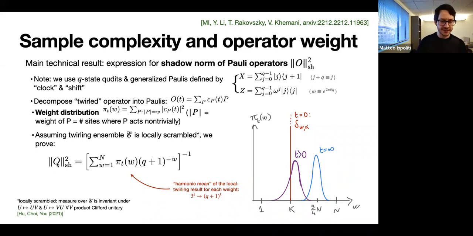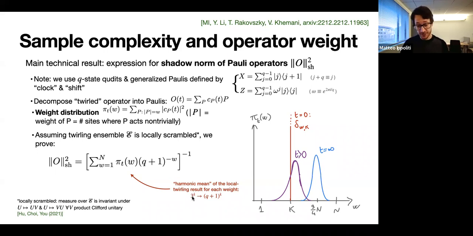And what we find is that the shadow norm of our Pauli operator is given by this particular kind of convolution of functions of the weight, which you can interpret as the harmonic mean of the local twirling results that we saw earlier. Just to remind you, we saw that if you do only single-site random rotations, then the scaling of the shadow norm is 3 to the k, where k is the weight.